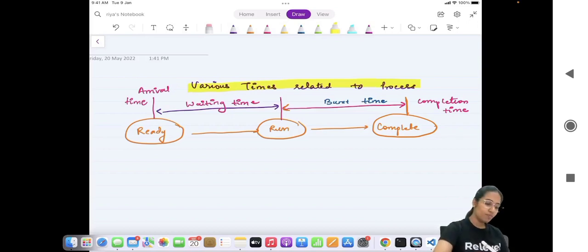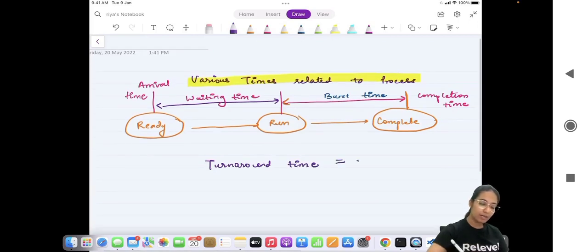Okay, so with that, some more terminologies that you should know: there is also a terminology known as turnaround time. Turnaround time is nothing but the time your task got completed, which is your completion time, minus the time where you were entering.